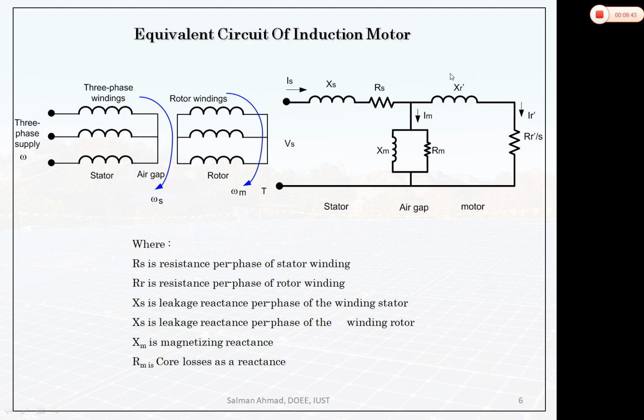So Xr prime is the leakage reactance of the rotor circuit referred to the stator side. Similarly, we have Rr prime upon s, where Rr prime is the rotor resistance referred to the stator side, and the rotor current is Ir prime. Again, this is the rotor current referred to the stator side. So this is the stator, this is the air gap, and this is the rotor side.